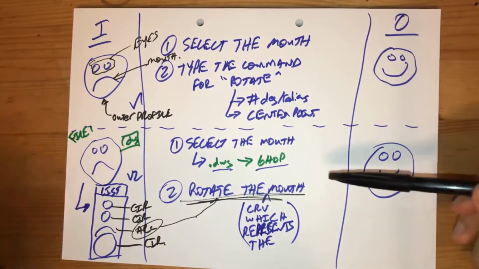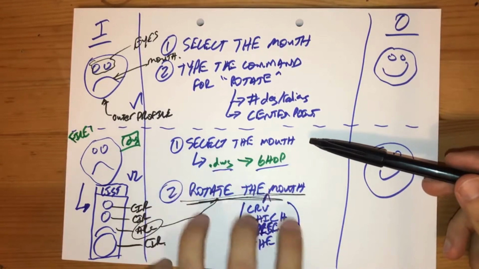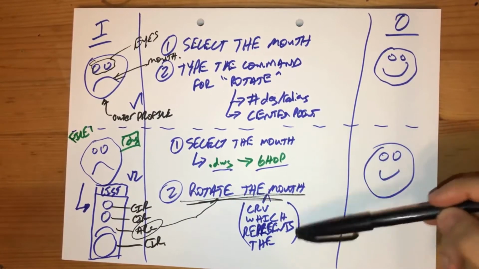Now, in the next part of this, we need to start cherry picking tools that are available to us to help do each step of this algorithm.